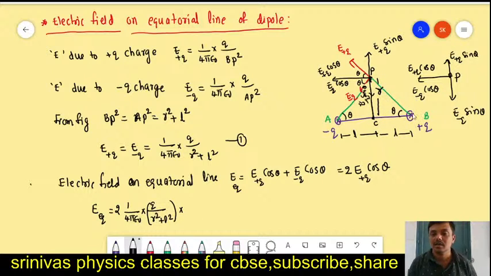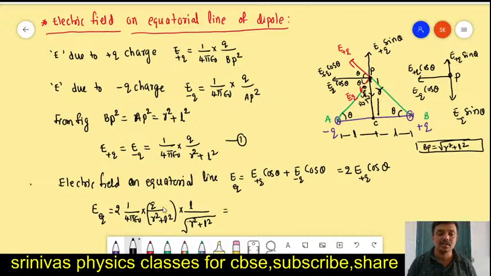From the triangle, cos theta equal to adjacent side L by hypotenuse. Hypotenuse is BP. If you want, write the BP formula from the figure. BP is equal to under root of R square plus L square, right? BP square is R square plus L square, BP is under root R square plus L square.